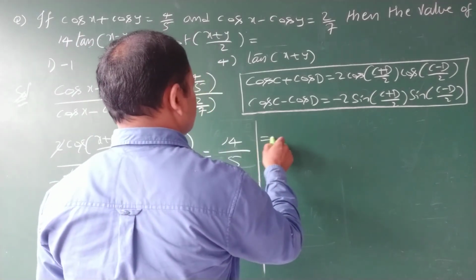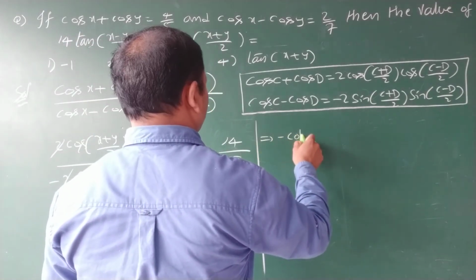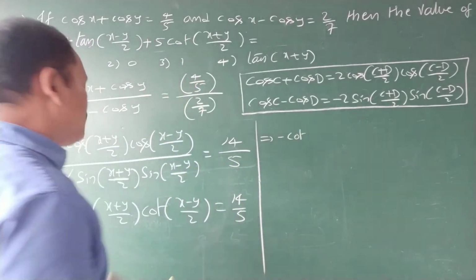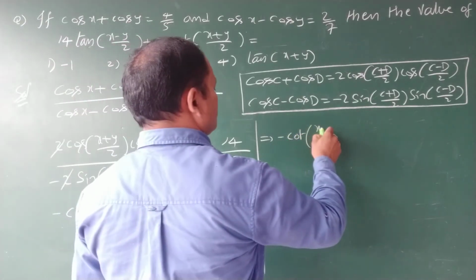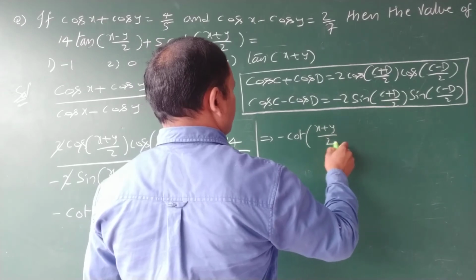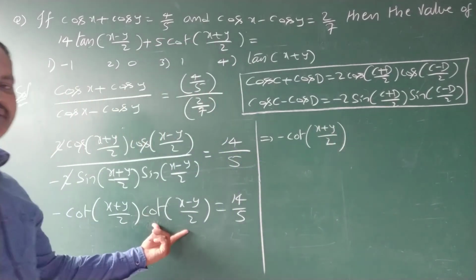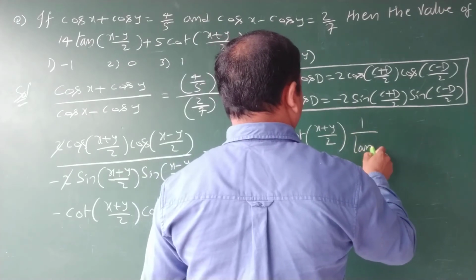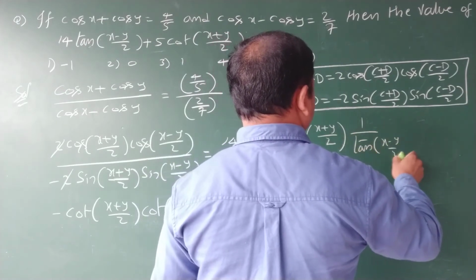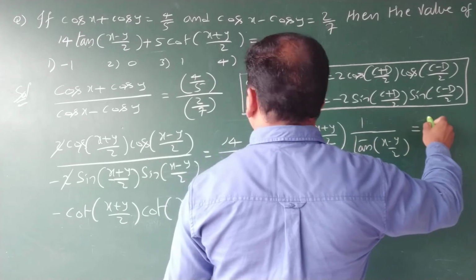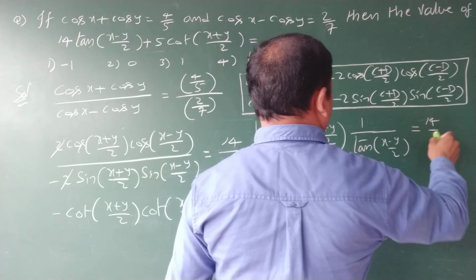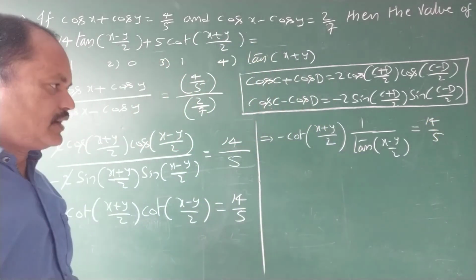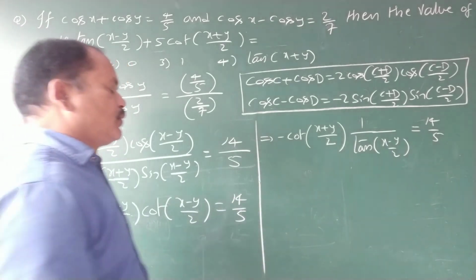So this can be written as minus cot (x plus y) by 2 into 1 by tan (x minus y) by 2 is equal to 14 by 5, right? Now apply cross multiplication for this one.